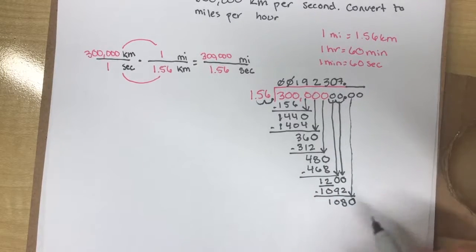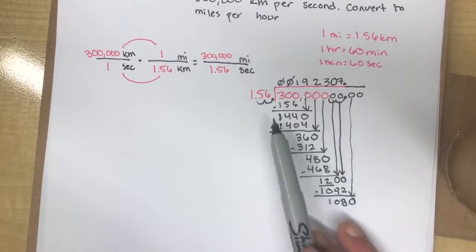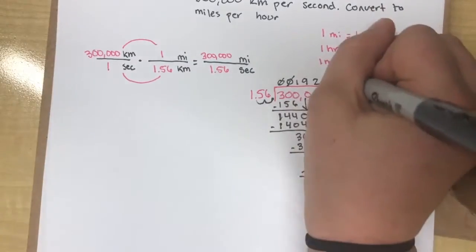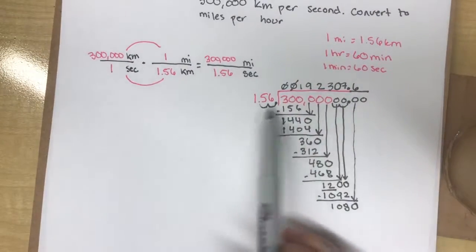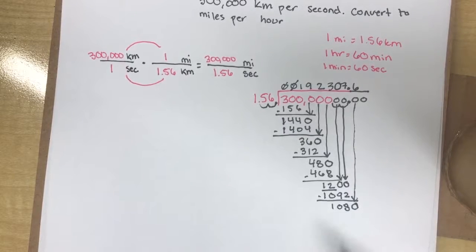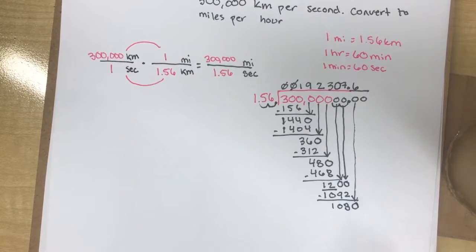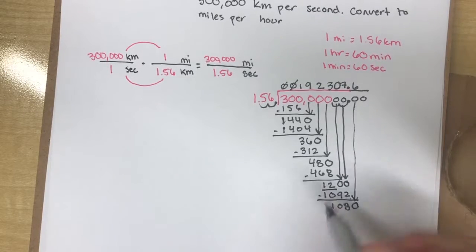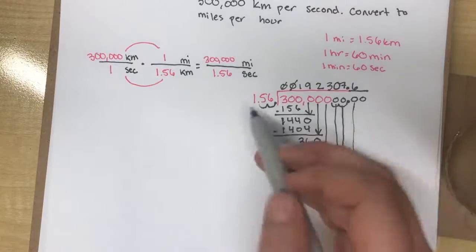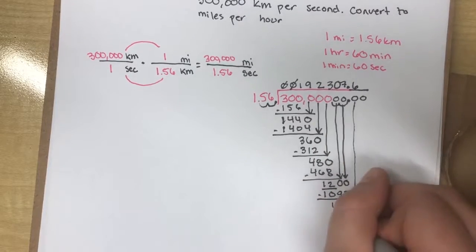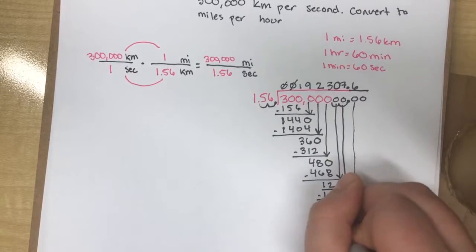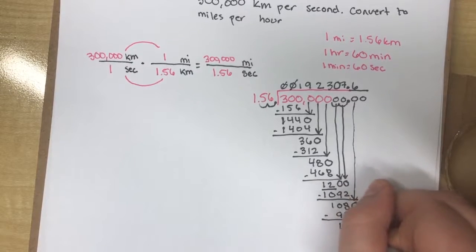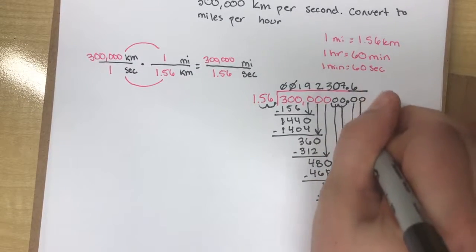Okay, and I know that 156 is going to go into this 6 times, because 156 times 7 was 1092, which is bigger than that, but barely. So then I'm left with 1200 minus 1092 is 108. 156 times 6 is 936, which gives me a remainder of 144.